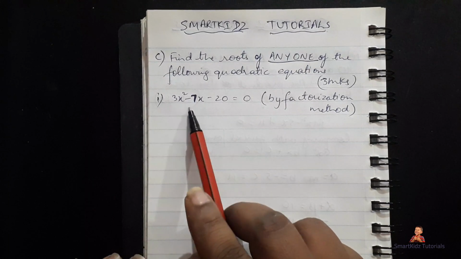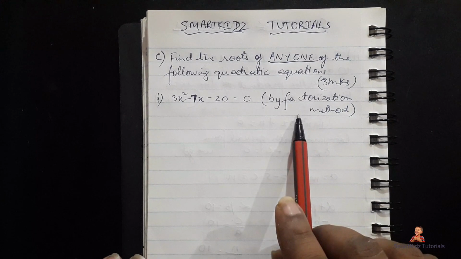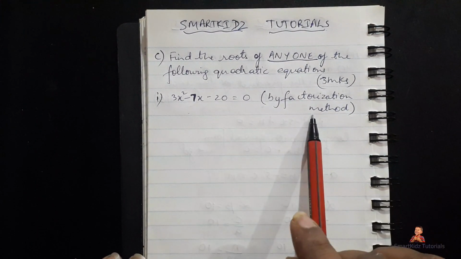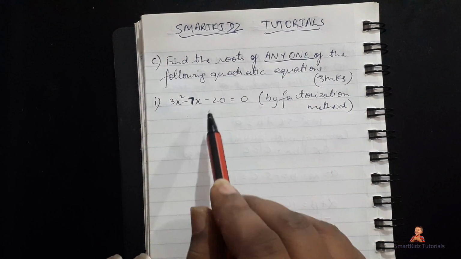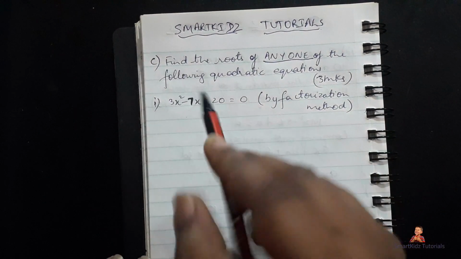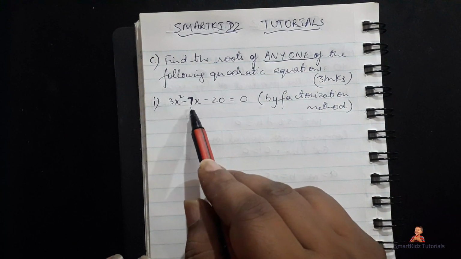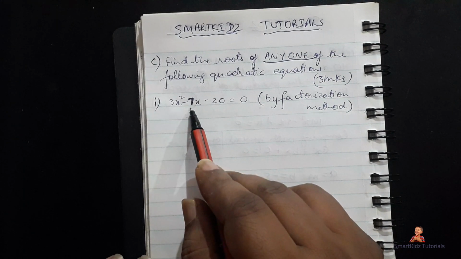So first one is 3x square minus 7x minus 20 equal to 0, and we need to find the roots of this particular quadratic equation using factorization method. So we have 3x square minus 7x minus 20. If we multiply 20 into 3 we get 60. So we need to get a product of 60, and the sum or difference should be negative 7 in between.